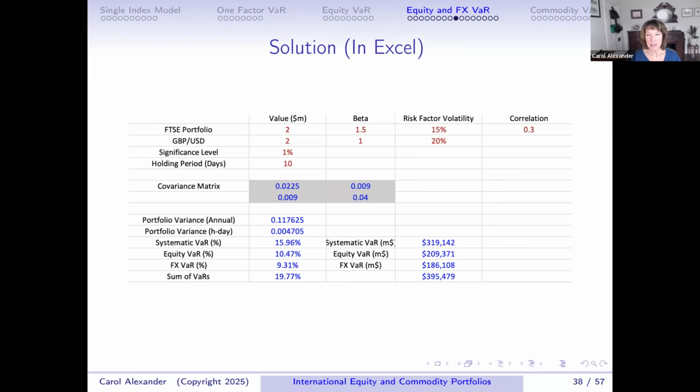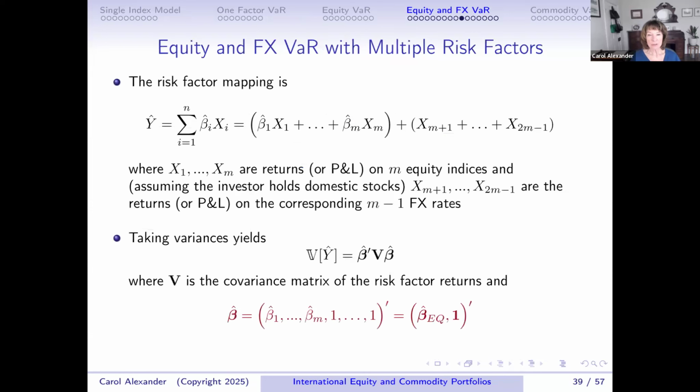I'll go through the Excel file in the next video, I think, because there's quite a few things I want to cover, and I'll go on now to the solution to a more complex case, where we've got a general number, say M, of equity risk factors.